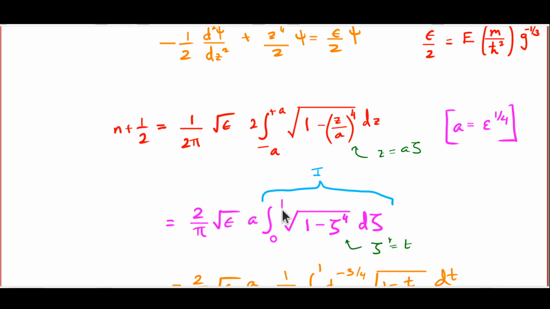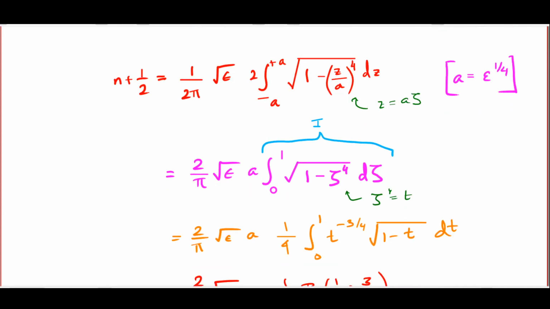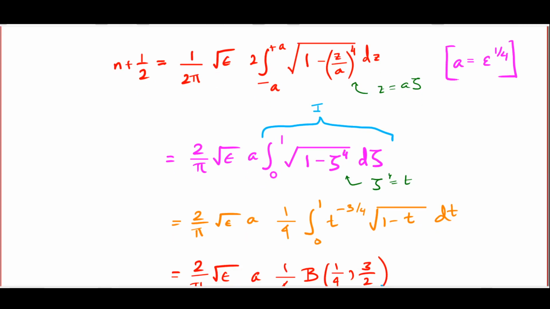This is the integral from 0 to 1 of the square root of 1 minus ζ⁴ dζ. Now this integral can be put into a very familiar form just by using the substitution ζ⁴ equals t, and that, after a very simple manipulation, gives rise to what is called the beta function.